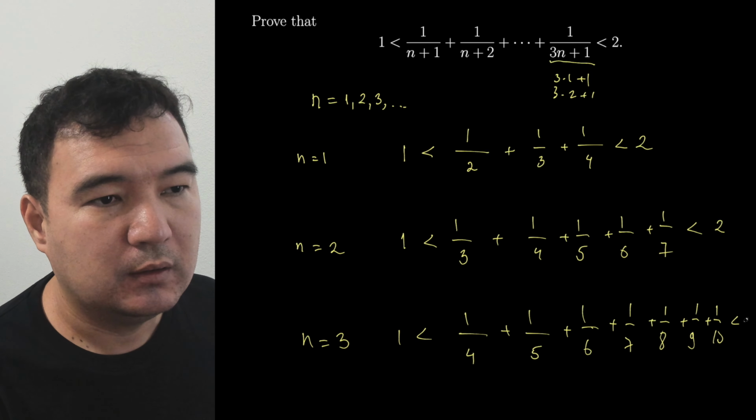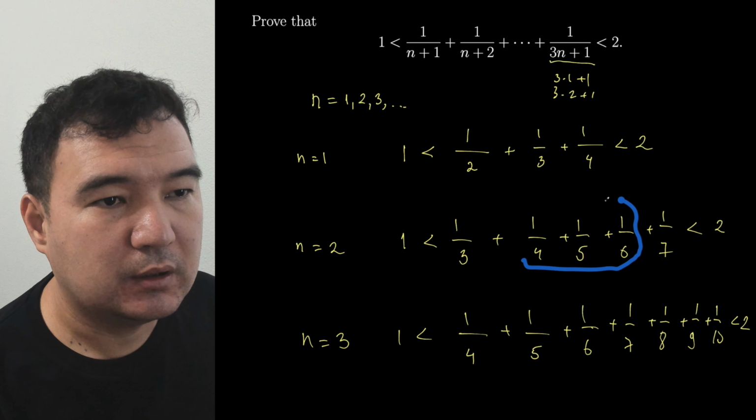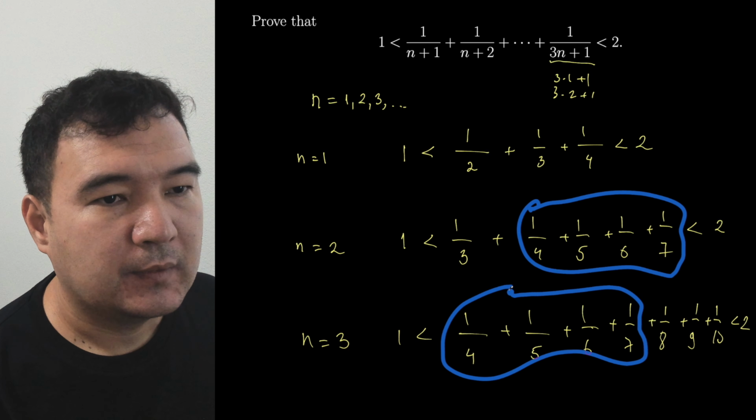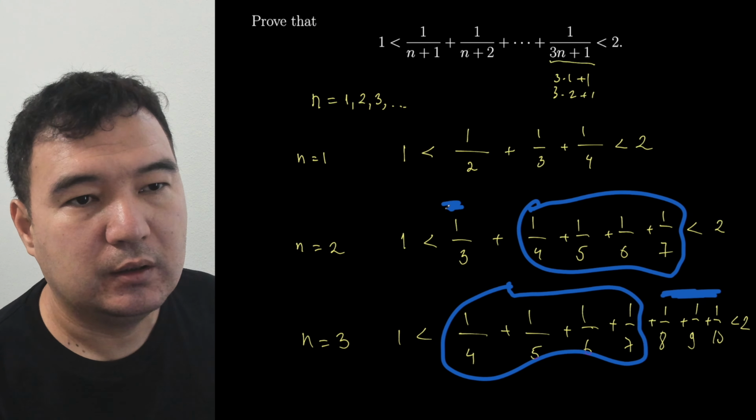So if you compare the second one and the third one, the common terms are these 4 terms. And then there are 3 extra terms here and 1 extra term.